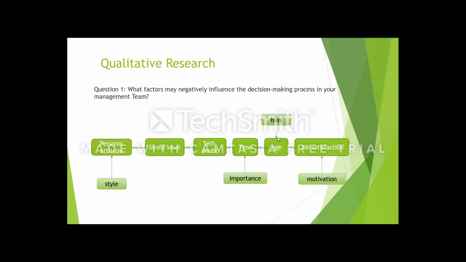Together with the 2 interviewees, we identified negative factors that can influence decision-making as follows: the personal attitude in making decisions regarding the decision style the person uses, then the stress level of persons, the self-doubt of individuals, the time for decision-making regarding the importance of decisions, so the deadline time, then the age of individuals, which is affected by the work experience, because work experience can cause bias for specific situations, and the satisfaction with the job, which influences the motivation to contribute to the decision-making process.